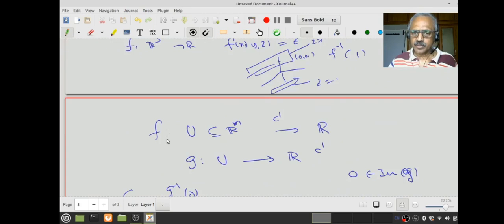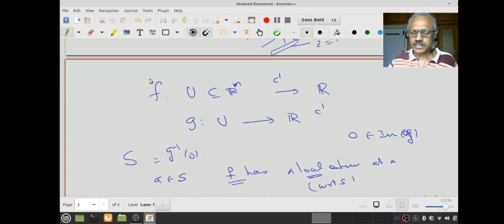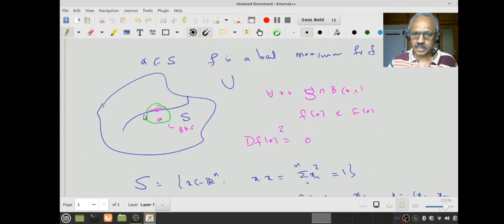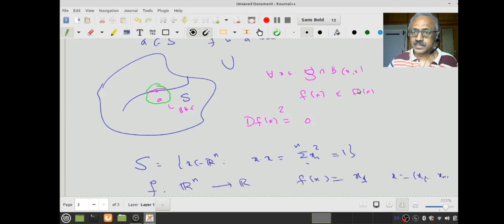Suppose now I have a function f, and I want to know what kind of local extrema it has on the level set S. Please keep the picture in mind. On this set S, I want to look at a point A so that A is a local minimum for f in S. What does it say?